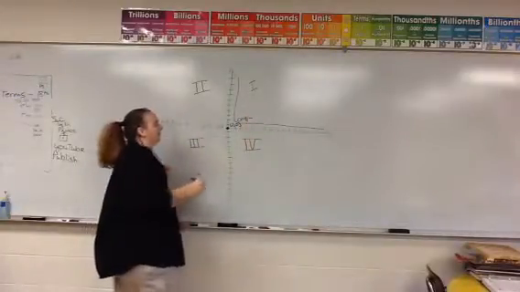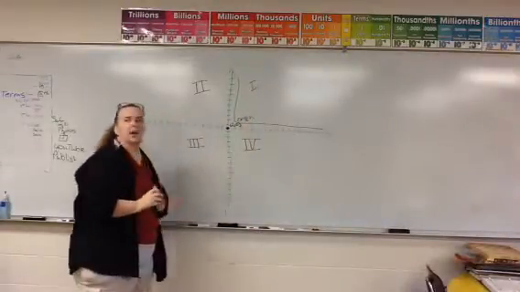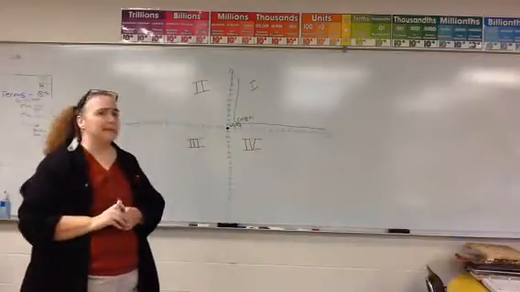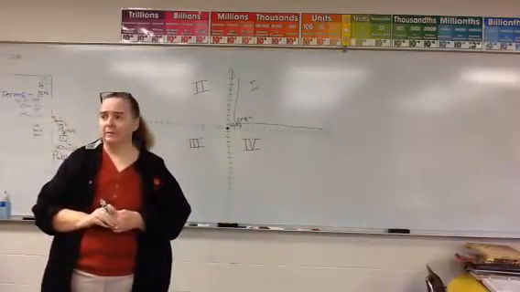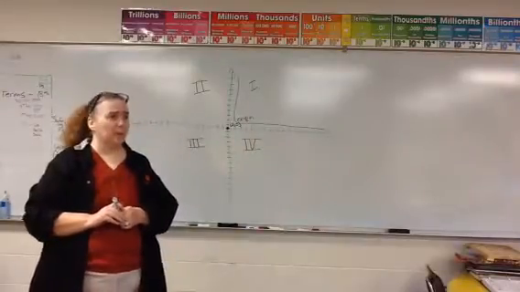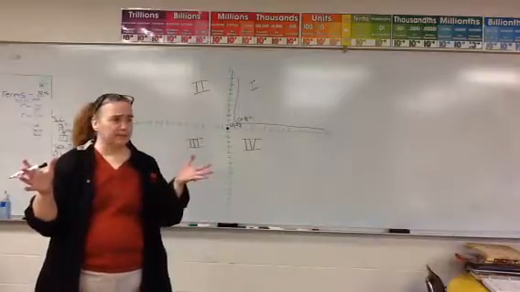Origin. That's an N. Okay, the reason it's called the origin is the beginning of the graph. The word origin means the beginning or the root of. So that's why they named that 0, 0 point the beginning. Okay? Makes sense?